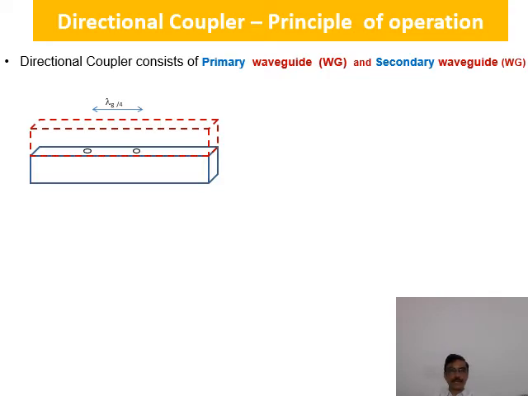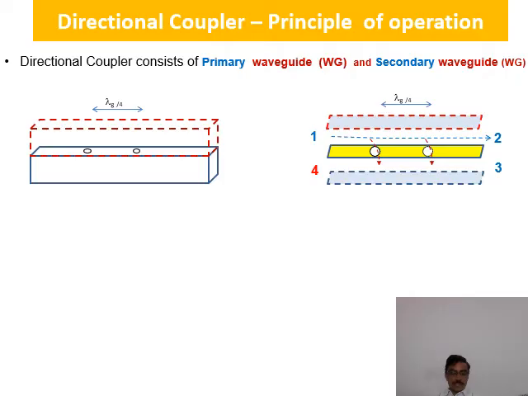This is the bottom waveguide, and the upper waveguide, which is known as the primary waveguide. The secondary waveguide has 2 holes on the broader dimension of the common wall, separated by a distance of lambda g by 4. So this figure shows the plane view of the 2-hole directional coupler.